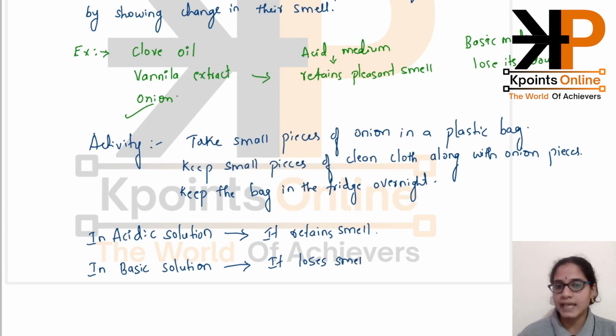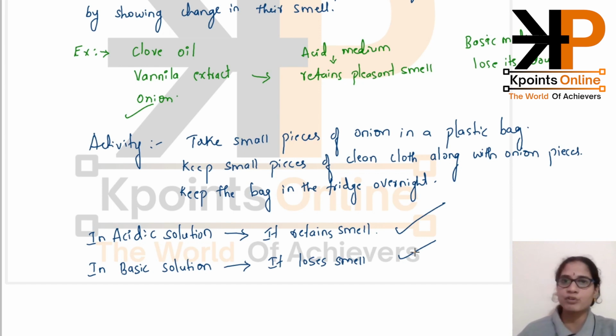Whatever the characteristic smell of onion was there before dipping it into the basic solution, it has lost its smell. This shows that the given solution is a base. This is how we will feel the odor change by using olfactory indicators.